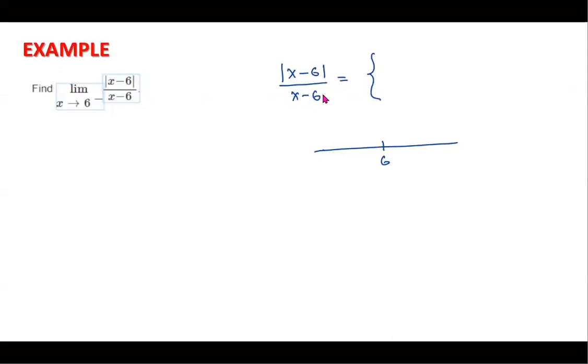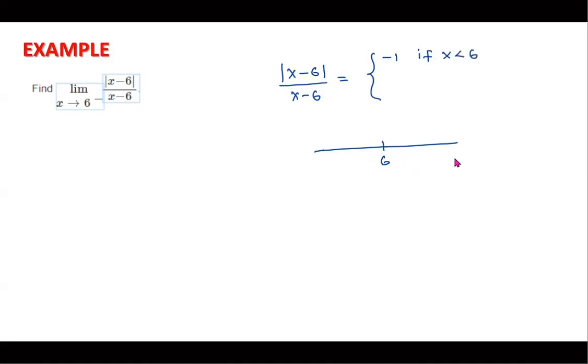So the denominator will be negative. Numerator is positive, denominator is negative. That means when you divide the equal quantities, it will be 1, but since the denominator is negative, that will be minus 1. Minus 1 if x is less than 6.